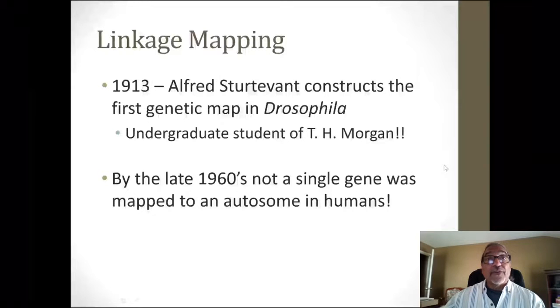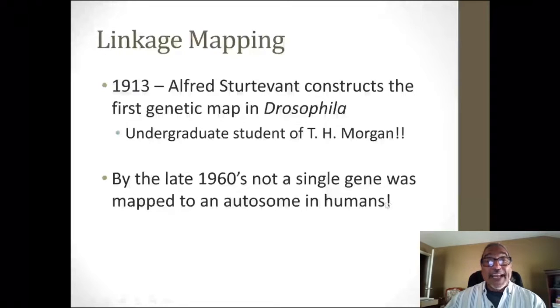It turns out that the first of the linkage maps was actually done in 1913. It was done in Drosophila, and it was an undergraduate student of Thomas Hunt Morgan who was really looking at different mutations on the X chromosome, which we now know as chromosome 1, in Drosophila.